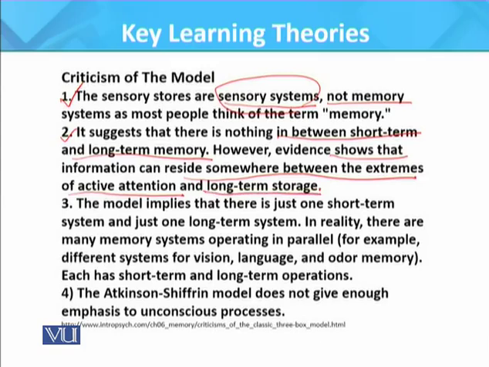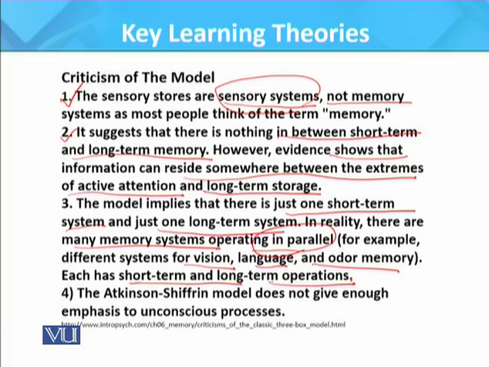The third criticism says the model implies that there is just one short-term system and just one long-term system. In reality, there are many memory systems operating in parallel, for example, different systems for vision, language, and odor memory. Each has short-term and long-term operations.